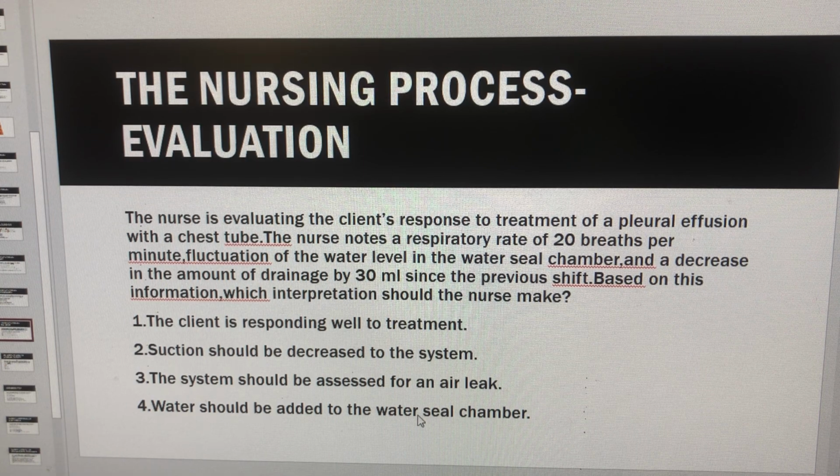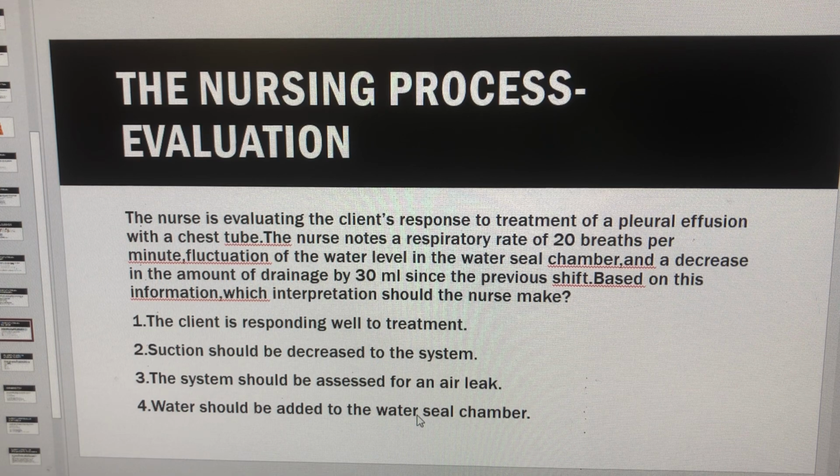Use the steps of the nursing process and note that the nurse needs to evaluate the client's response to the treatment. Focus on the subject and the data in the question. Also, determine whether an abnormality exists based on this data. Remember that fluctuation in the water-sealed chamber is a normal and expected finding with a chest tube.